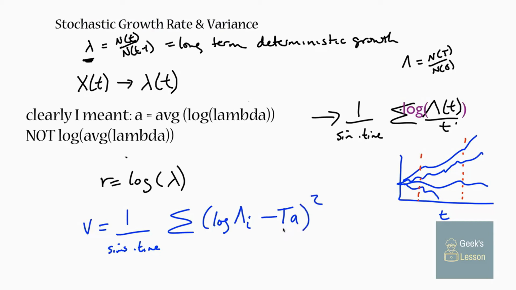So I call this the average growth because it's the average growth rate multiplied by the length of the simulations.